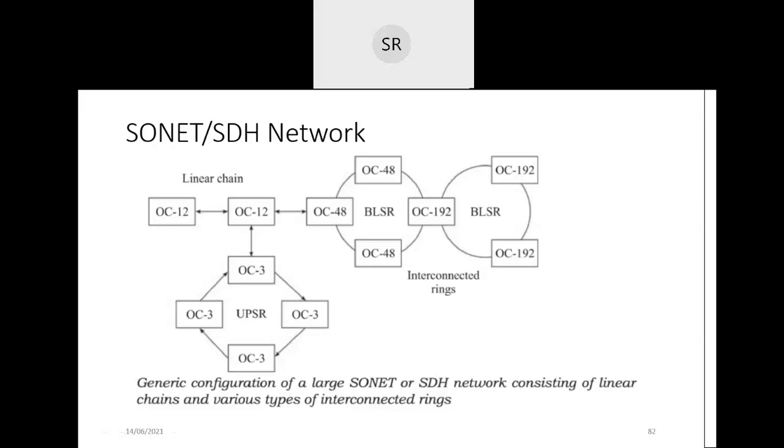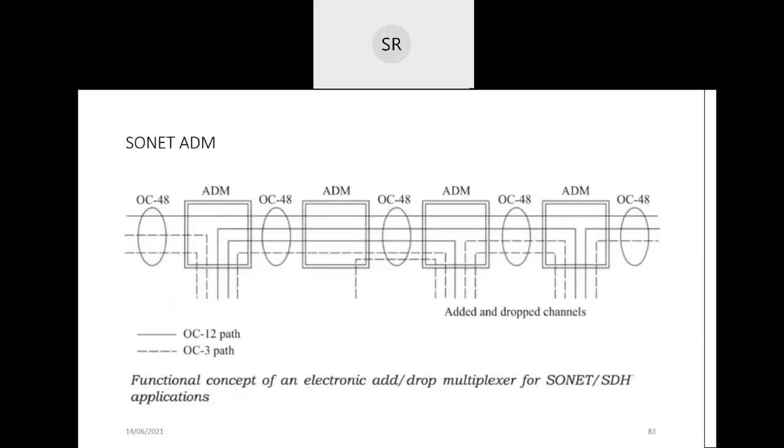That's why we are using an add-drop multiplexer, and that equipment is fully synchronized. Likewise, here we have OC-48, that is OC-N, and it has an OC-12 path. This is about an OC-12 path, and the dashed line is about an OC-3 path here.